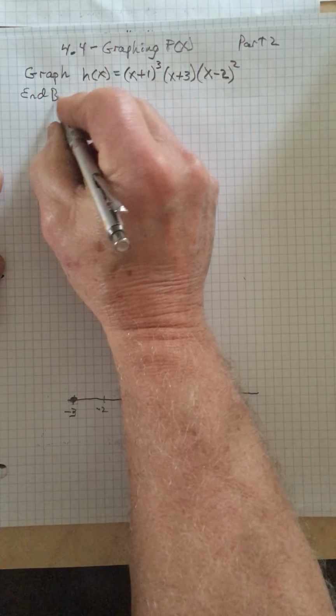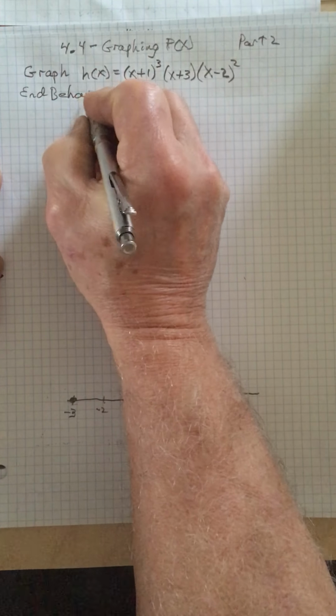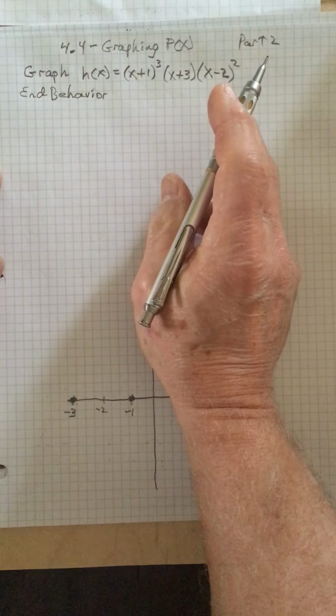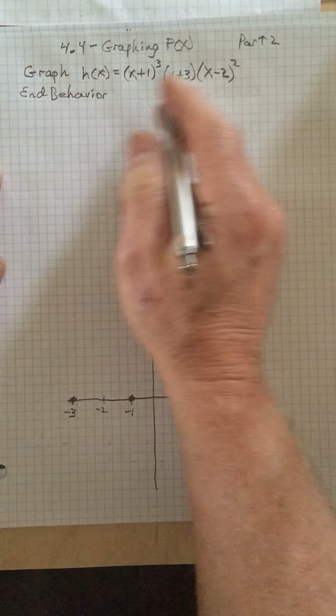So again, end behavior. In end behavior, we want to take a look at the degree of the polynomial.